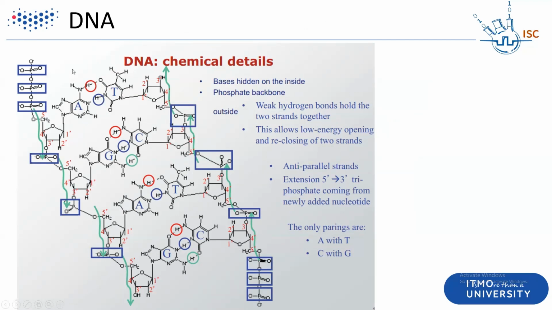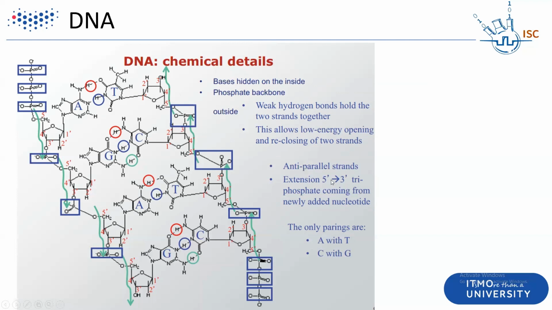We got AT pairing and CG pairing, and these pairings have 2 or 3 hydrogen bonds. These hydrogen bonds hold the 2 strands together. This allows an opening and reclosing of these 2 strands.